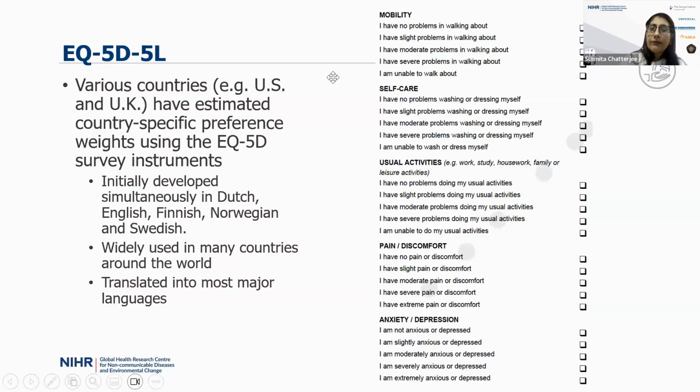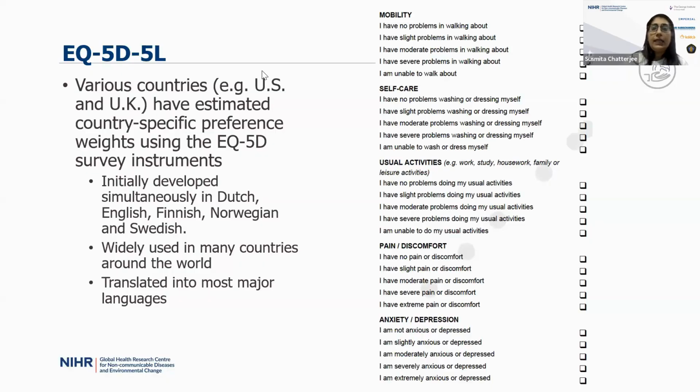Why 5D? 5 dimensions. It has 5 dimensions, which are mobility, self-care, usual activity, pain and discomfort, and anxiety and depression. These are very simple questions used in many countries, though initially it was developed by a European organization called EuroQol, but it has been used extensively across the globe by researchers.